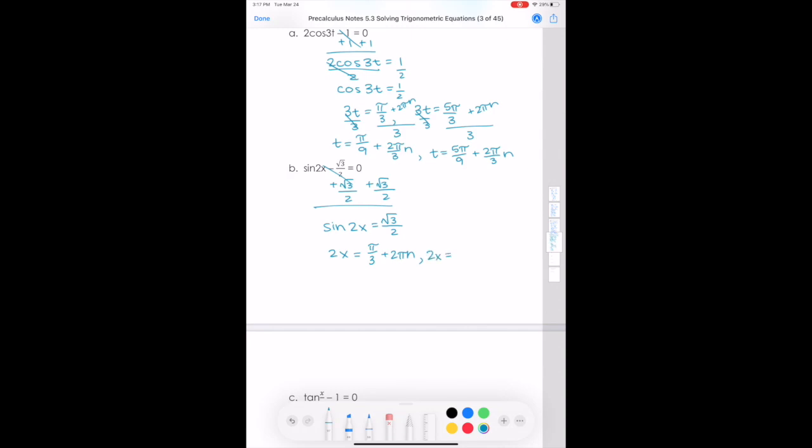And it also equals that at 2 pi over 3. Right, so 2x equals those two equations, divide by 2. So x equals pi over 6 plus pi n, and x equals 2 pi over 6 plus pi n. And then I went ahead and reduced 2 pi over 6 to pi over 3.